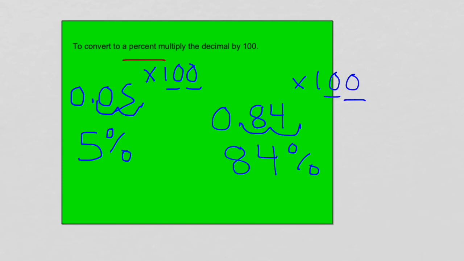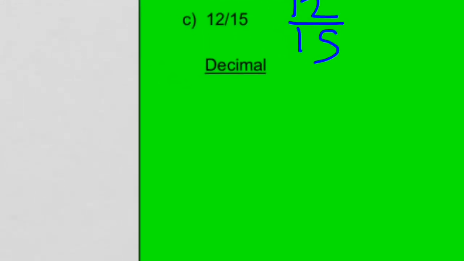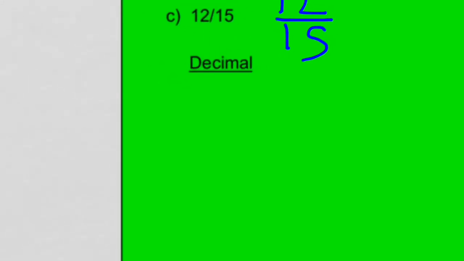Now let's jump over and do more of a grade 8 kind of question. So I'm going to flip forward, and we're going to look at the fraction 12 over 15. And we're going to start off converting to a decimal.